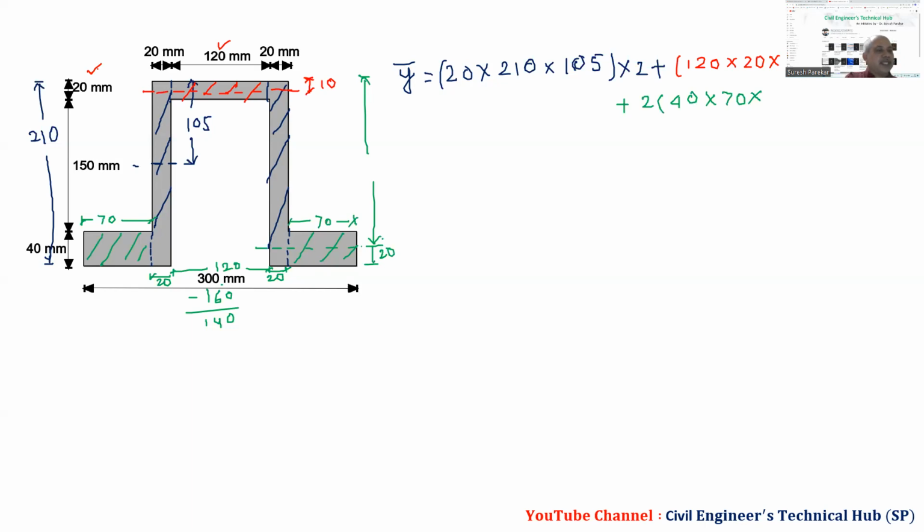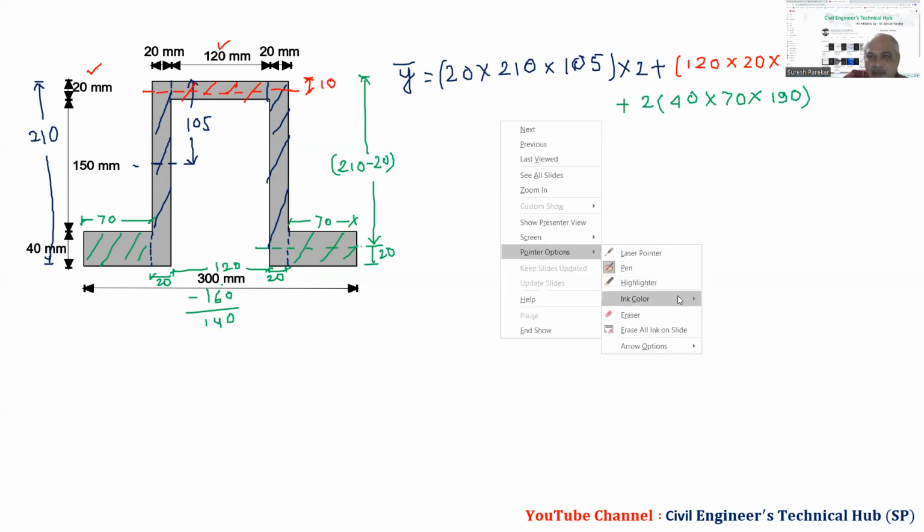So we have this distance 210 minus 20, and that is 190. So into 190.